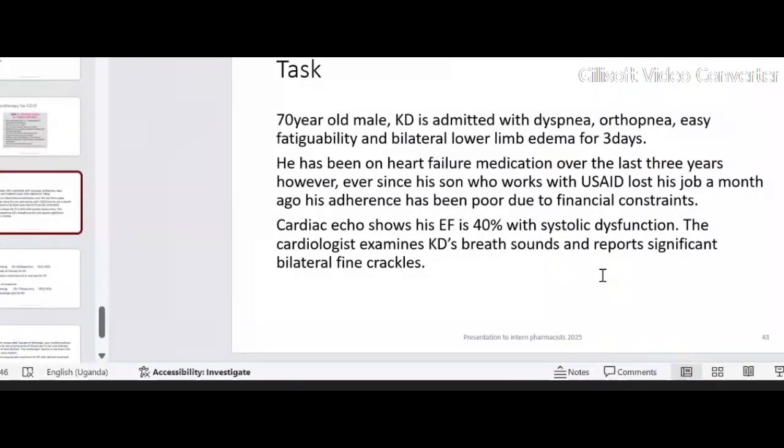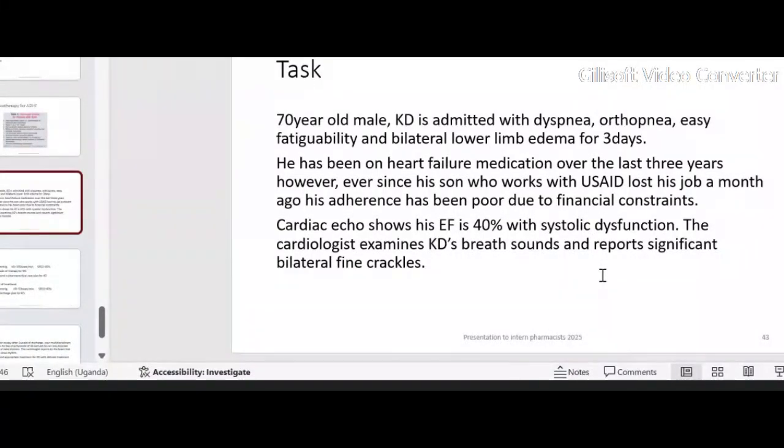The ejection fraction is also low, which means he's in heart failure with reduced ejection fraction. Okay, that's very nice. You didn't tell us who you are. My name is Nalia Caroline, and I'm an intern pharmacist at Sorority General Referral.